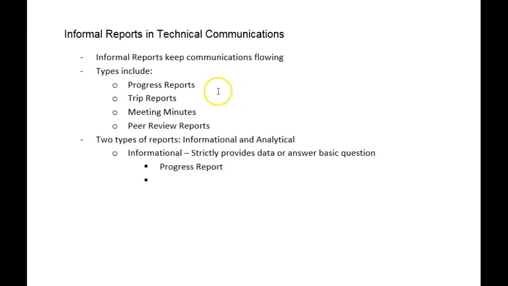Now the other type of report gets to be a bit more interesting. The analytical report. For the analytical report, you're not just providing information, you're actually analyzing the information too. So you provide and analyze the information.